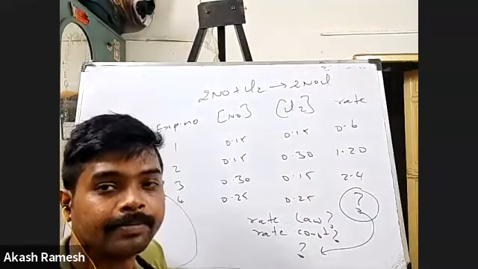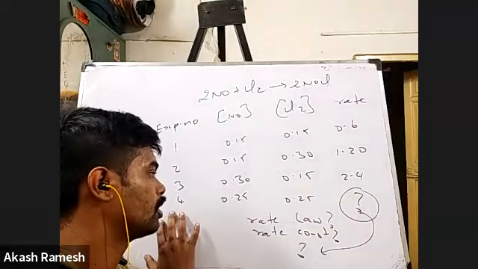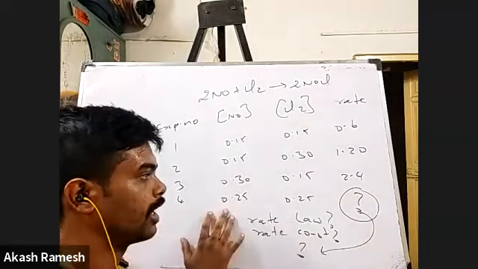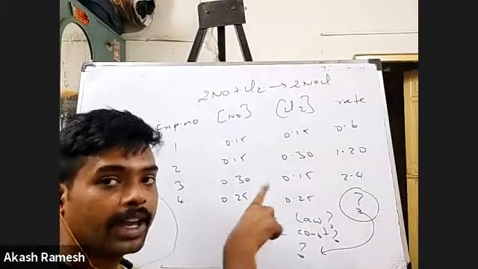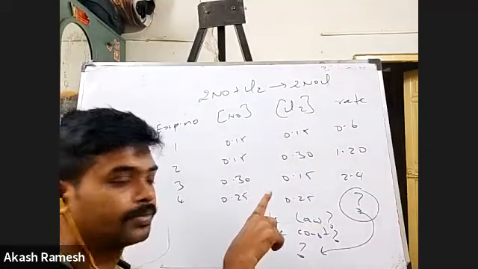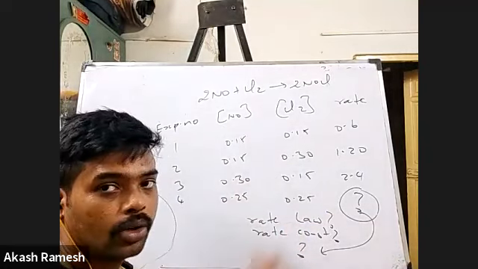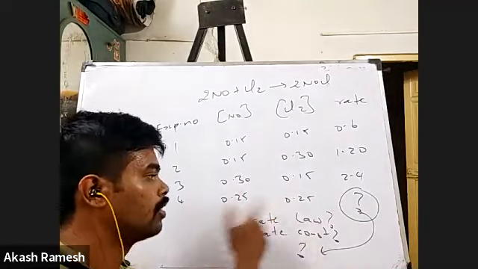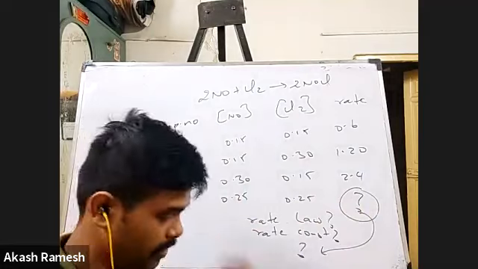Don't have much time. You know how to do it. So basically, you cannot use the fourth value for now, right? You have to use only the first 3 values to find out the rate law and the K value also, right? And then after you find the rate law, you know K value, you know the powers. Just put these values and find the rate for the fourth one. Do it. Go for it.